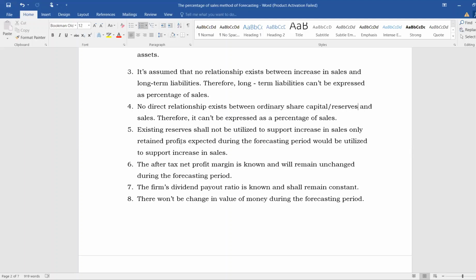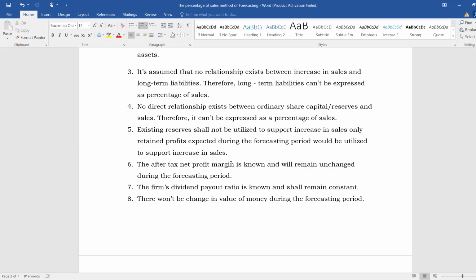Number 5, existing reserves shall not be utilized to support the increase in sales. Only retained earnings expected during the forecasting period will be utilized to support the increase in sales. We assume that a firm cannot go to their reserves and find money to support the increase in sales. So what we only capture is how much is forecasted.